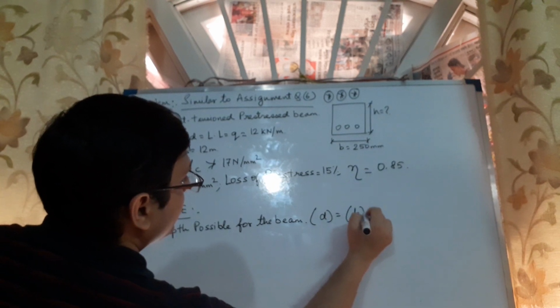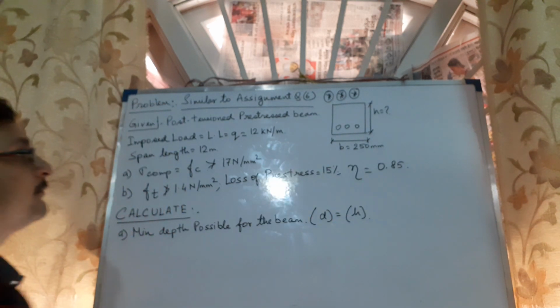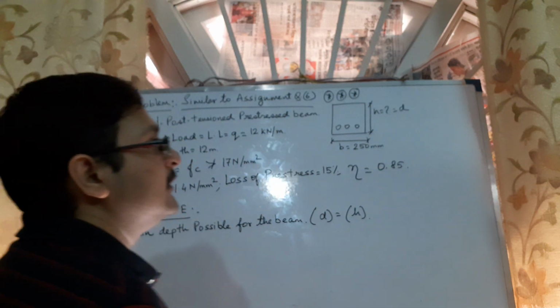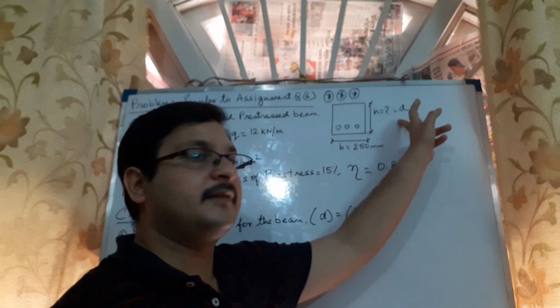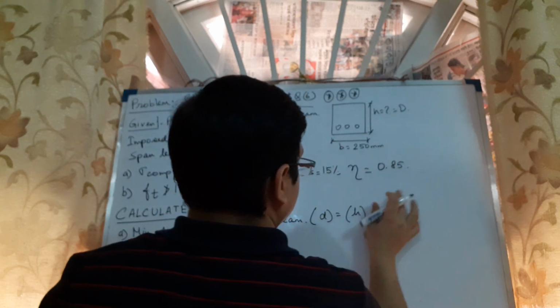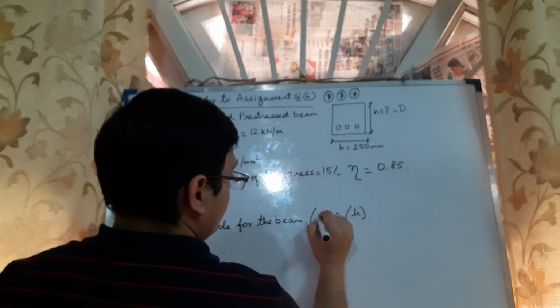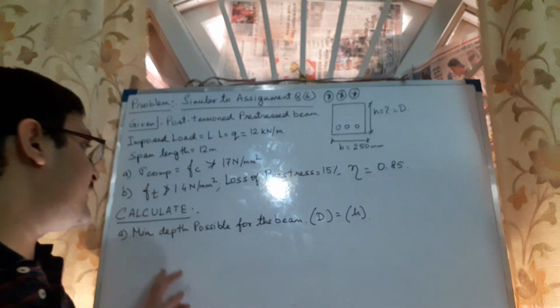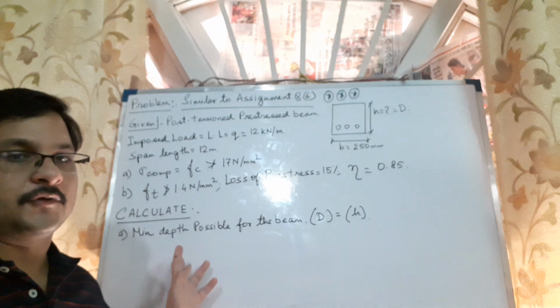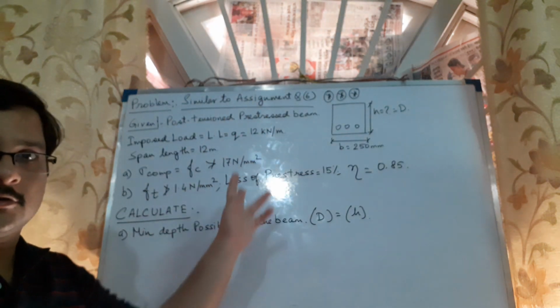Depth or h, whatever you call it, no problem. Please remember this is not the effective depth, so it is better I represent it as capital D. It is asking what will be the possible depth for the beam under so many criteria.